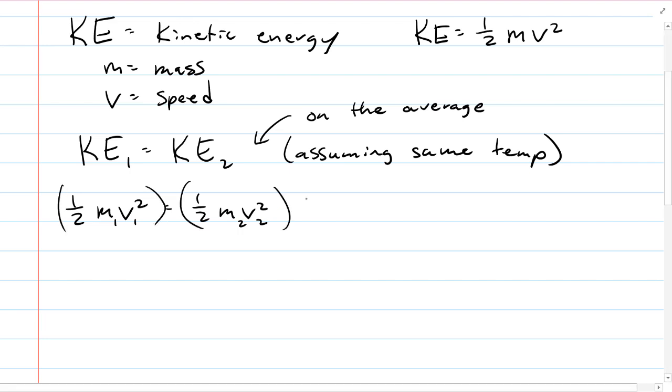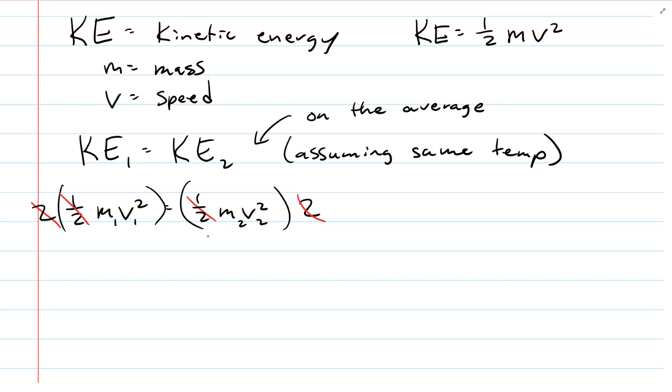We could multiply each side by a factor of 2, which gets rid of the factor of 1/2 on each side. Let's lump all the masses together on the left-hand side and all the speeds together on the right-hand side. Let's rearrange it so all the masses are on the left, and all these speeds are on the right.